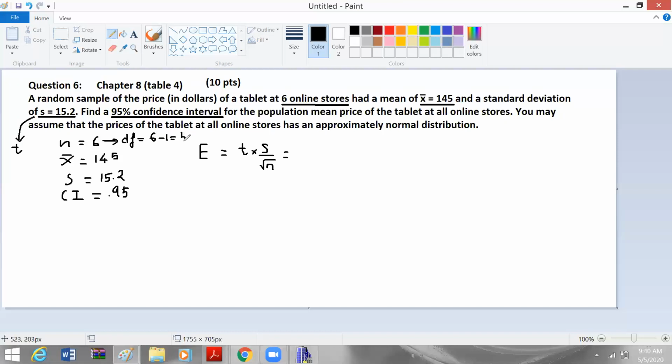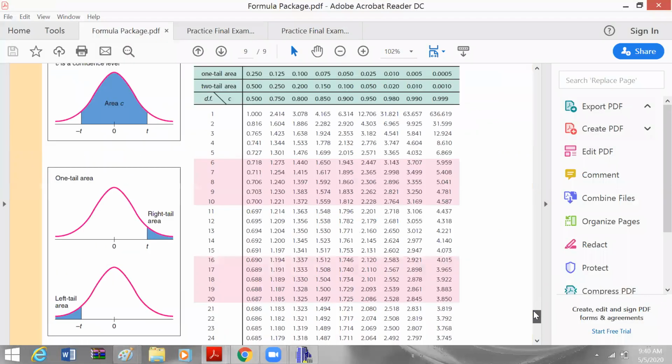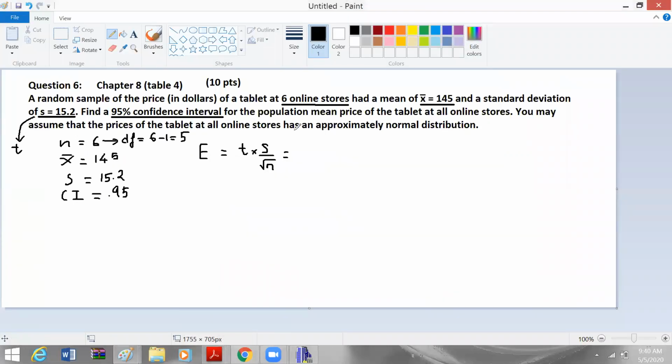And when you look it up on the chart, you have to be really careful. Go to 0.95 because this is 95% confidence, and we go to 5. So this is table 4, and go to 5 degrees of freedom. So the answer for that is 2.571. Okay, so we're going to take 2.571. So this is the T score, the T critical value, equal to 2.571.